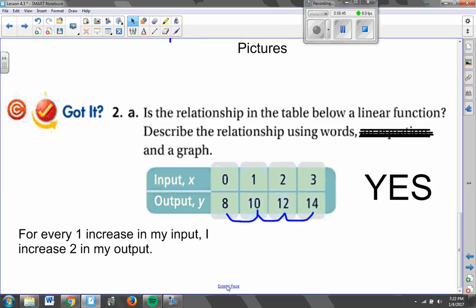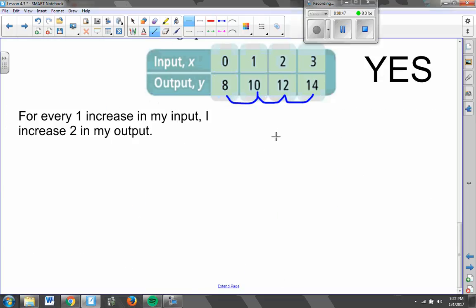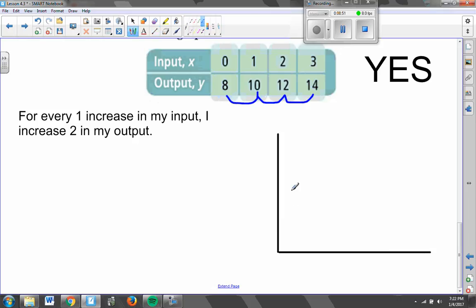And now I'm going to make a graph, which we should make, again, with 2 axes like this. On the y-axis, I'll count by 2s, 2, 4, 6, 8, 10, 12, 14, 16, 18.